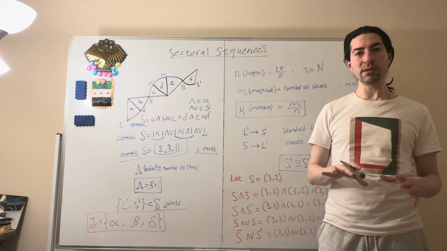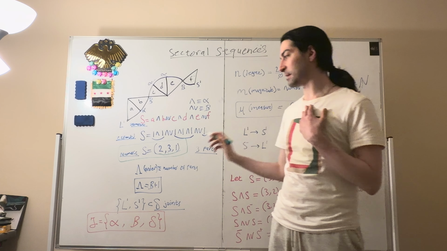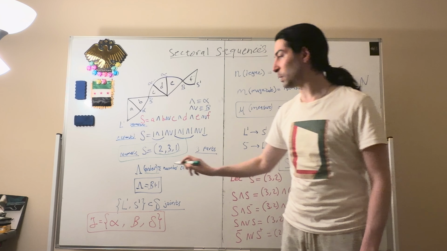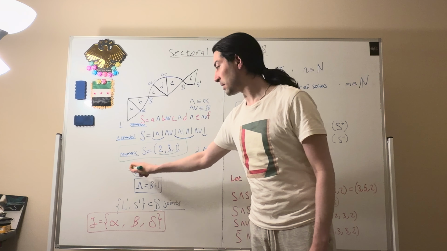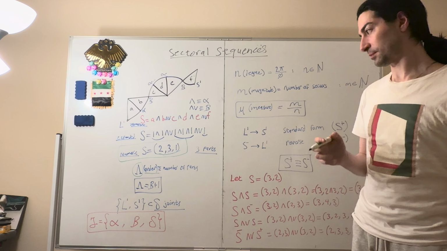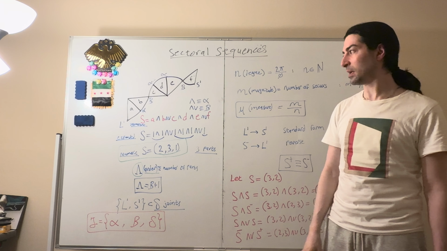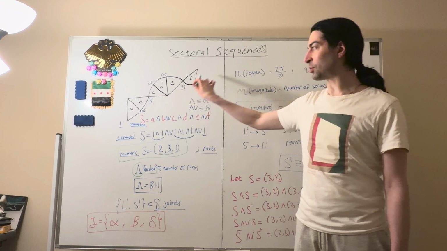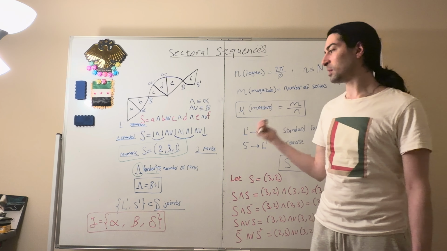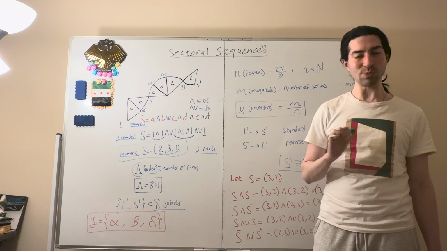We will call the number of parts within a sectoral sequence the order of the sectoral sequence, and we will use the Greek letter lambda, or capital lambda, to indicate the order of the sectoral sequence. So the order of this sectoral sequence is 3. Notice also that the order, lambda, is equal to beta plus 1.